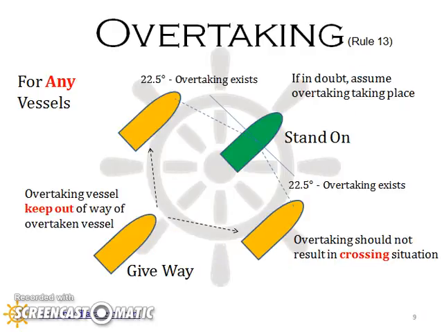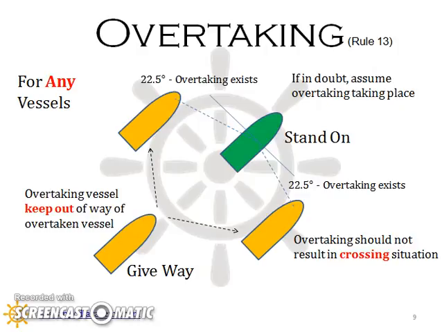Now, what if you are approaching another vessel? Take note, another vessel, not only a power-driven vessel, and you are slowly creeping up to him, and there's a chance that you might be overtaking. So you may not be sure, am I overtaking the boat or not?